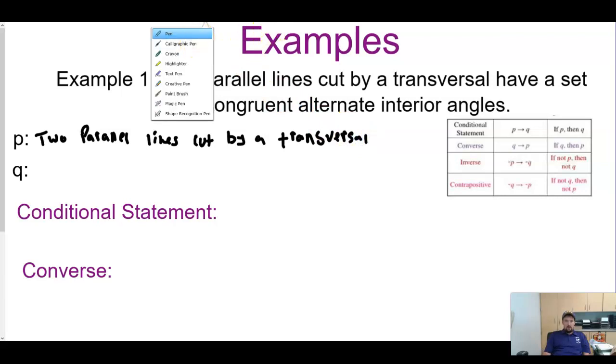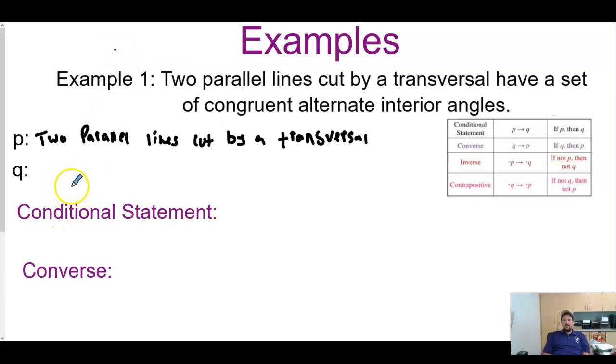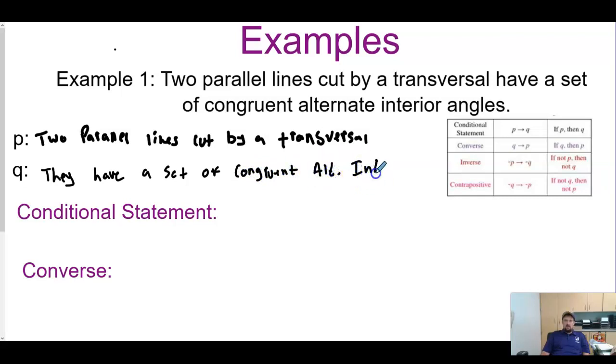Q is going to be they have a set of congruent alternate interior angles.